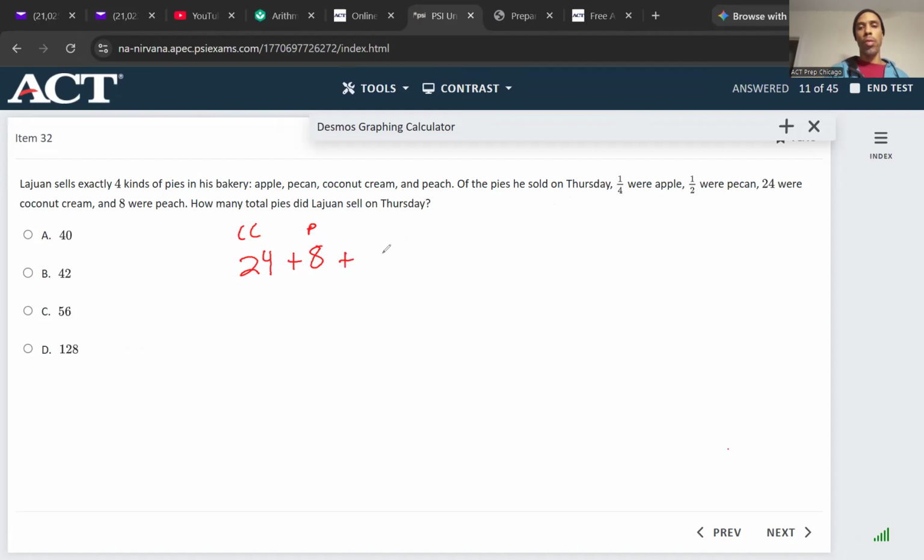So if we let T be the total number of pies, a fourth times T is apple, plus a half times T, which would be pecan.